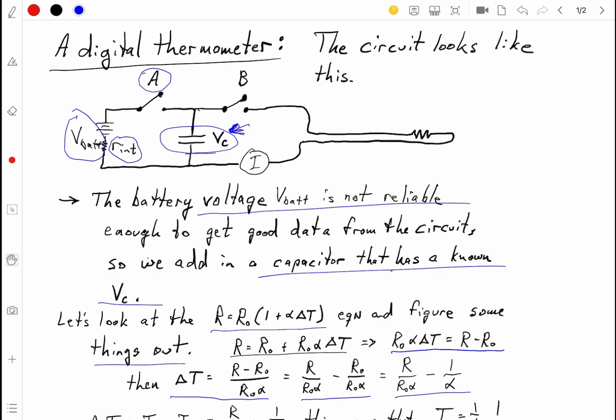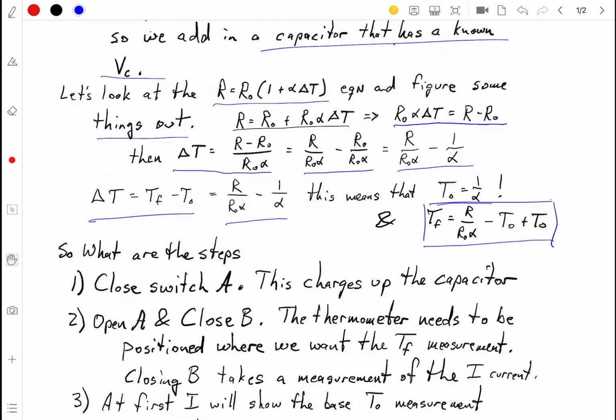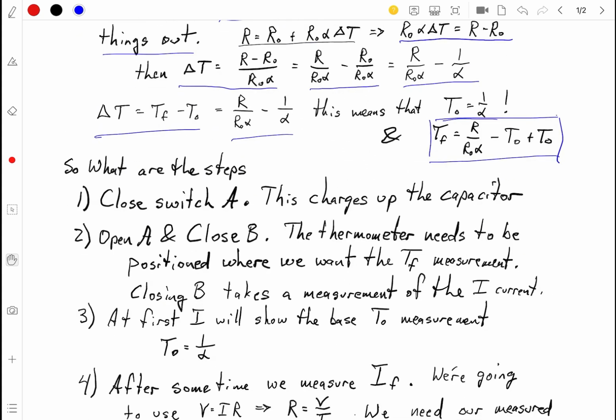The next thing we're going to do is open up A, and close B. The thermometer needs to be positioned, of course, at this point. You're going to want to put it in your ear, your mouth, or wherever you're putting the thermometer. We're going to take measurements of the current as this happens.